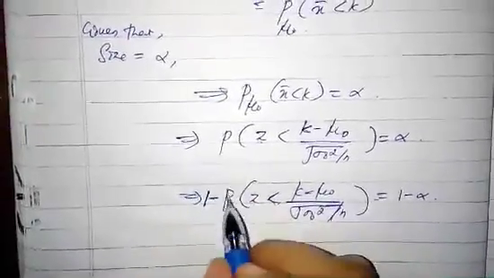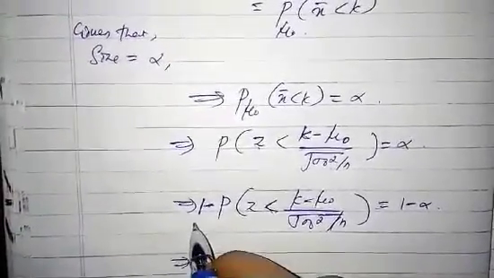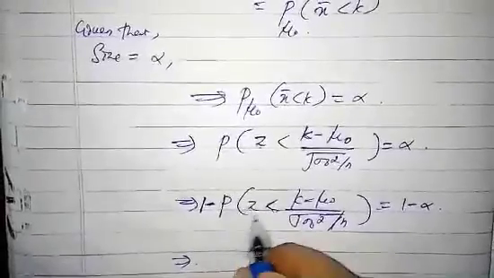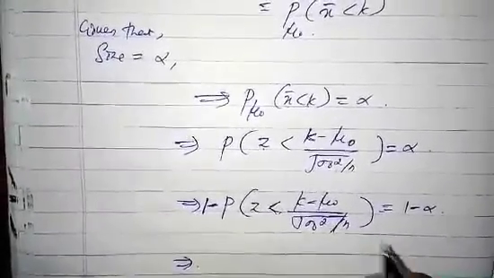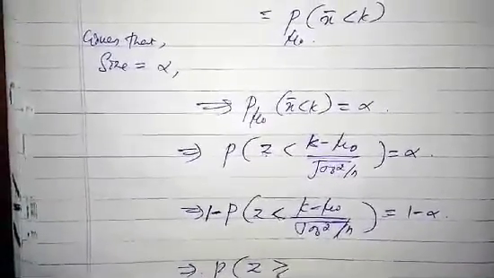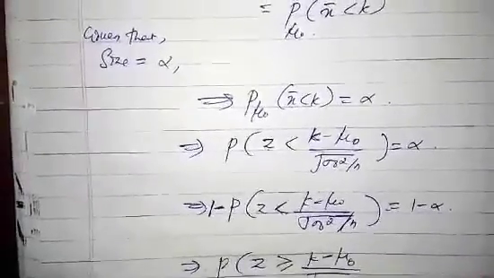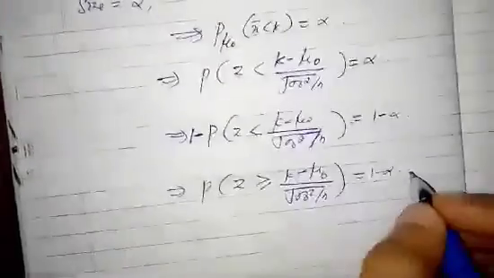Here 1 minus alpha, and also here 1 minus alpha. Then what is the value of this term? 1 minus probability of z less than k minus mu naught divided by square root of sigma naught square divided by n is the same as probability of z greater than or equal to k minus mu naught divided by square root of sigma naught square divided by n. It's equal to 1 minus alpha.